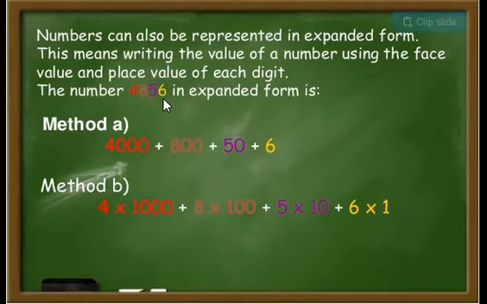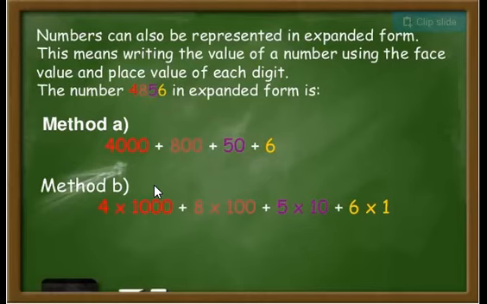Again we count ones, tens, hundreds. Now 8 is in the hundreds place, so here we write 800, then plus. Again we count ones, tens. So 5 is in the tens place, that is 50. And 6 is in the ones place, so that is 6.